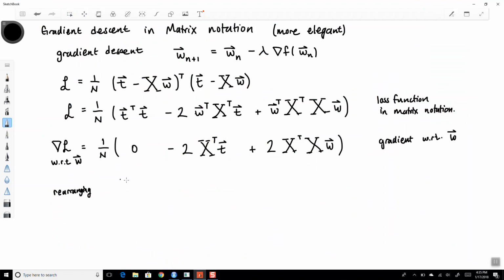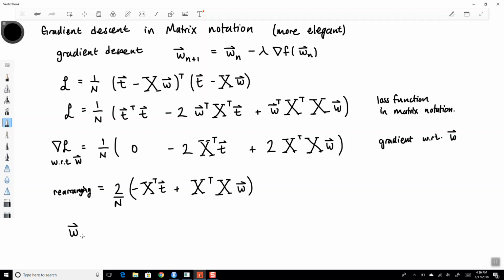So here I get negative X transpose T plus X transpose XW, and we'll multiply this by 2. Oh, I'm sorry, 2 over n. Okay, and so that's the gradient right here.